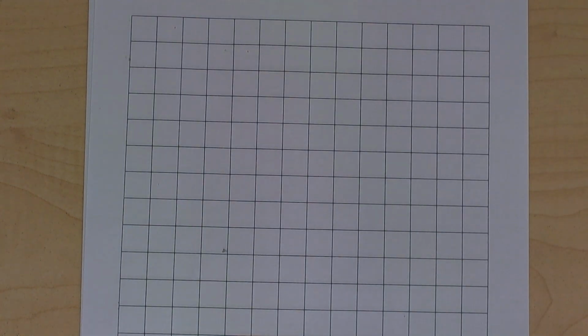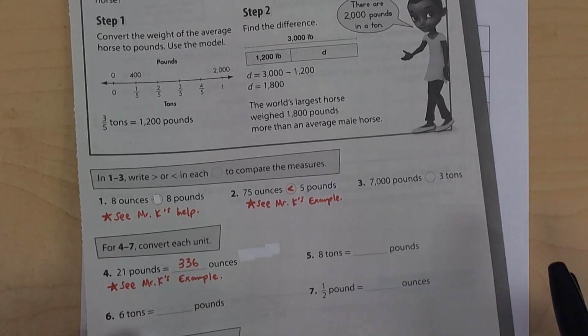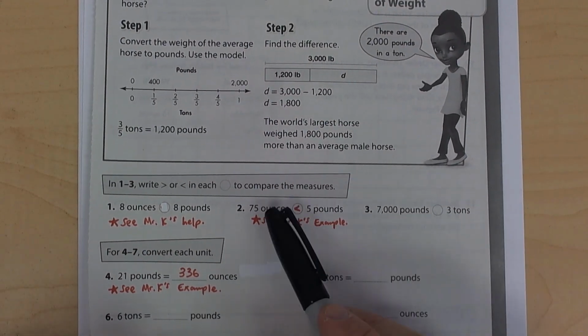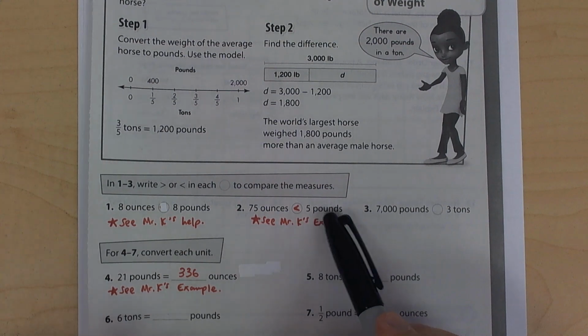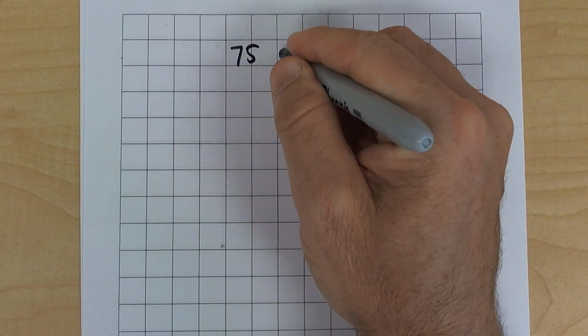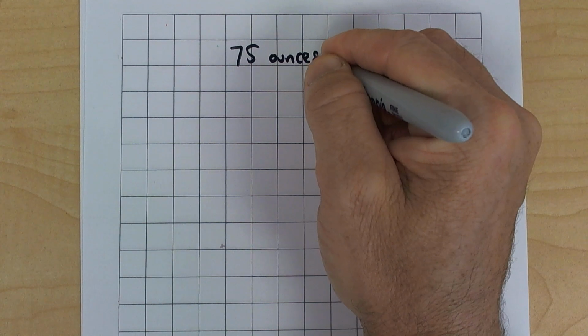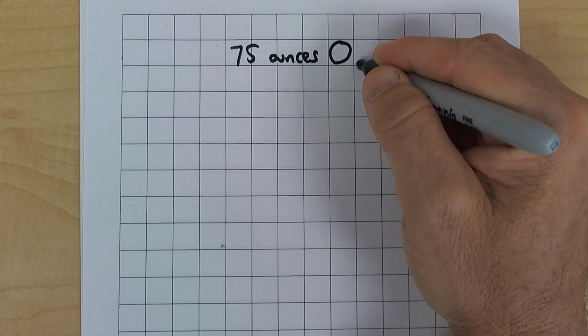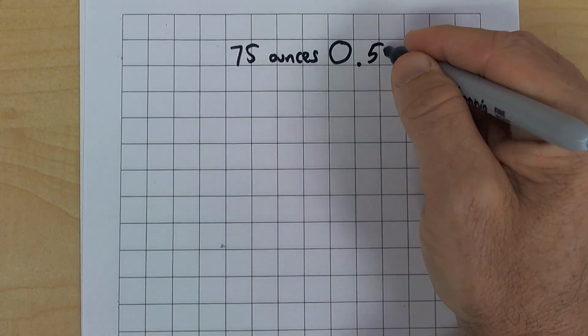Now we're going to move on to number 2. Number 2 asks you to compare 75 ounces to 5 pounds. So we are obviously comparing ounces to pounds.